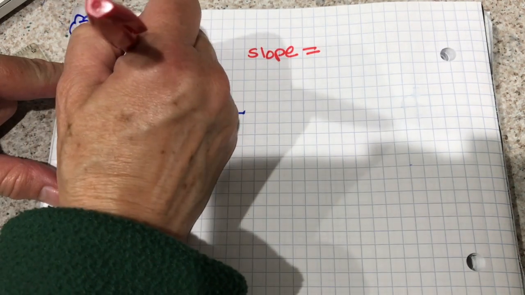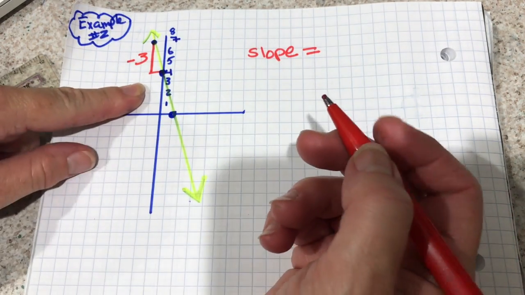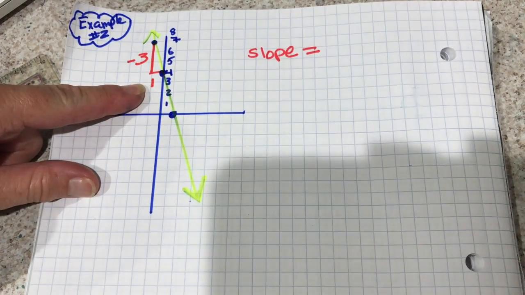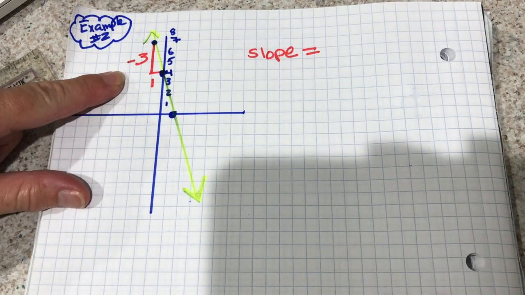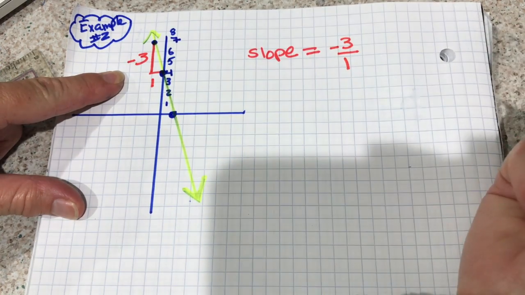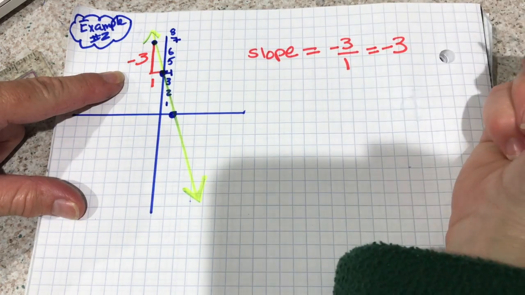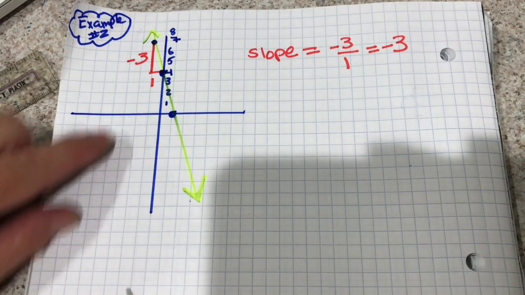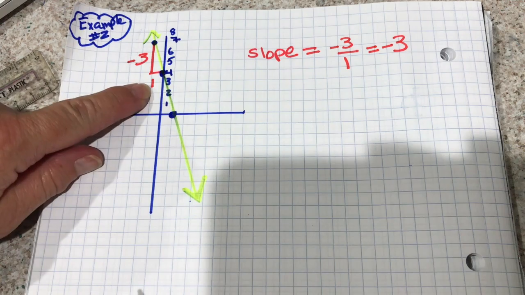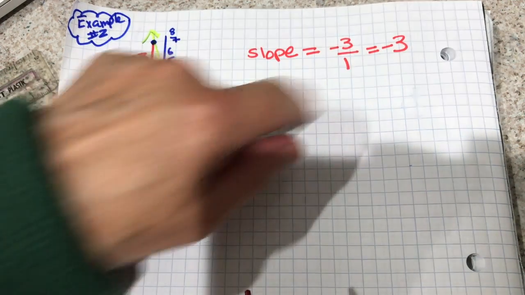So that's going to be a -3. And I'm going to the right 1. So the slope is -3, or down 3 over 1, which simplifies into -3. You could also look at it as the slope being 3 over 1, but since it's going down, it would be a -3.